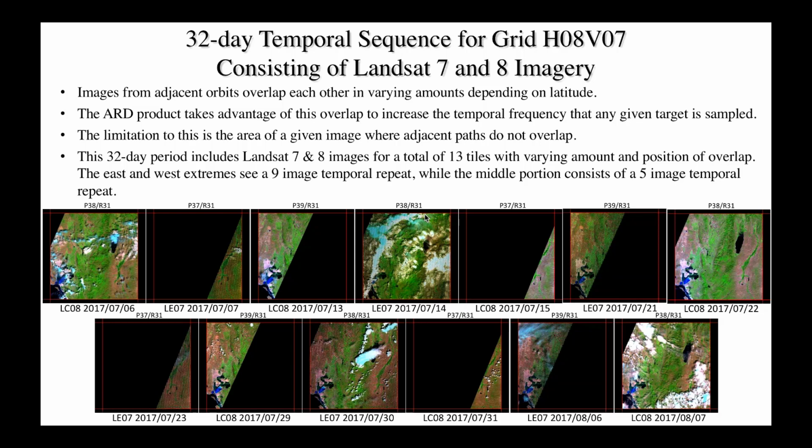So within this 32-day period, 2 16-day periods, or just over a month, we have 13 tiles. 5 of those are pretty much covering the entire grid. So the 38 31 product, which this tile centers over, pretty much covers the entire grid with a small sliver missing.